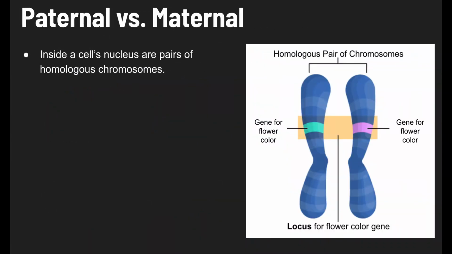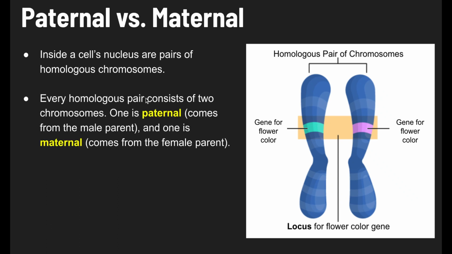So I'm going to focus now on the example of flower color in Mendel's experiment, but I'm going to explain it with what we now know from experiments that have been done after Mendel. So inside of a cell's nucleus, there are pairs of homologous chromosomes. And every homologous pair consists of 2 chromosomes.